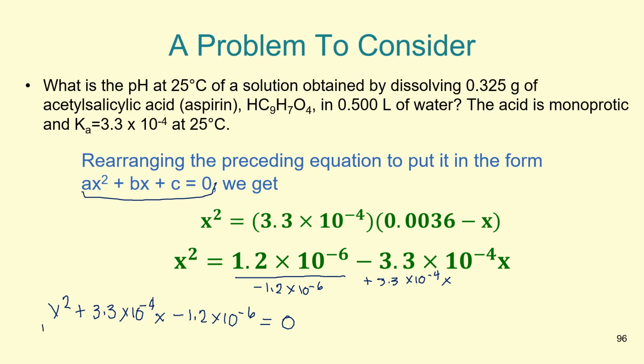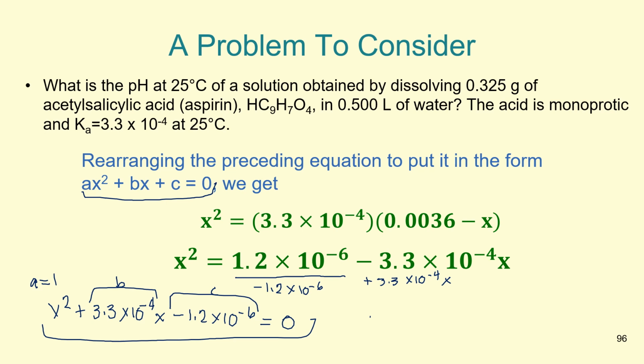So now we have our quadratic, or we've got it in that form. So A equals 1, B equals 3.3 times 10 to the minus 4, and C, don't forget the negative, C equals negative 1.2 times 10 to the minus 6.